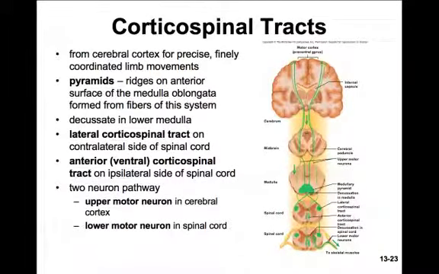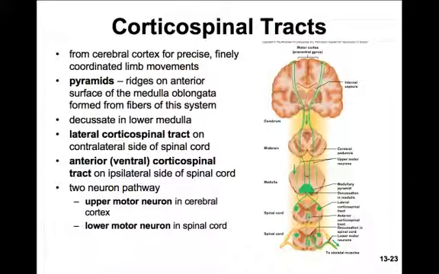Let's look at a couple. The corticospinal tracts lead from the cerebral cortex and allow precise, finely coordinated limb movements. The pyramids, as we'll see soon, are ridges on the surface of the medulla oblongata, and they're formed by the fibers of the corticospinal tracts.